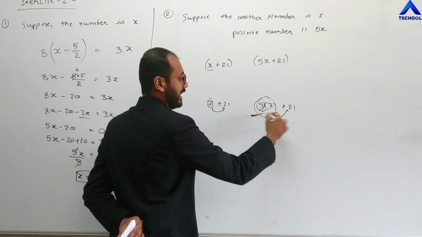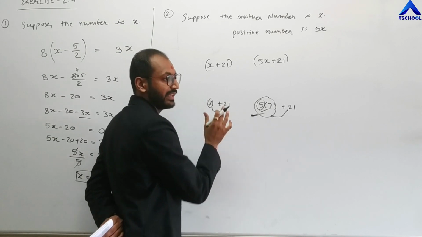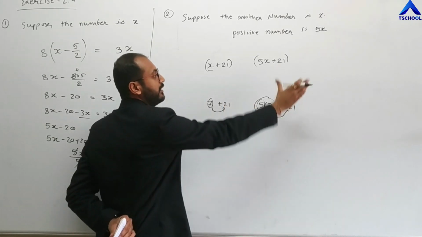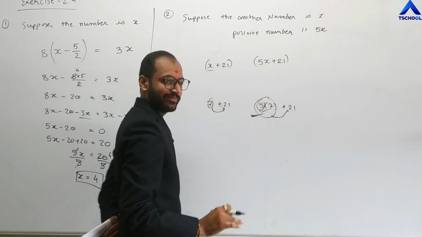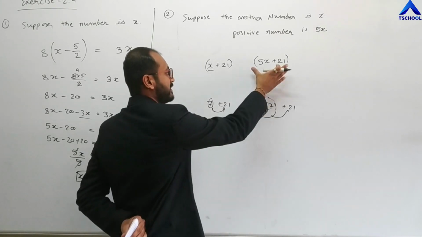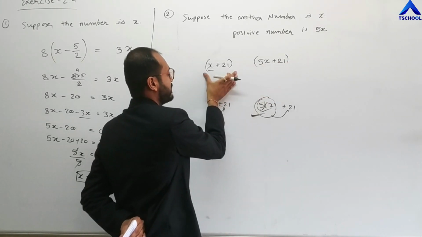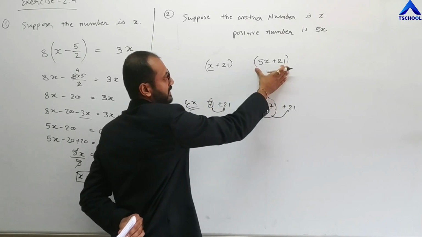So this number is greater than this one. That means in actuality this number is twice this number. Got it? This number became twice this one. We are taking this as an example, not a perfect one. But this number is twice.